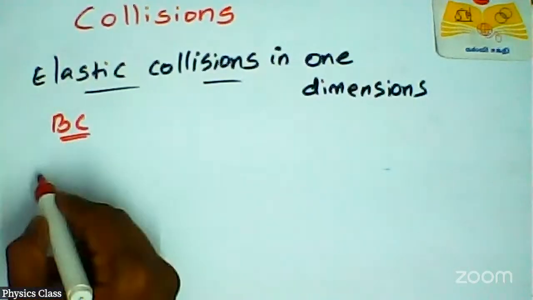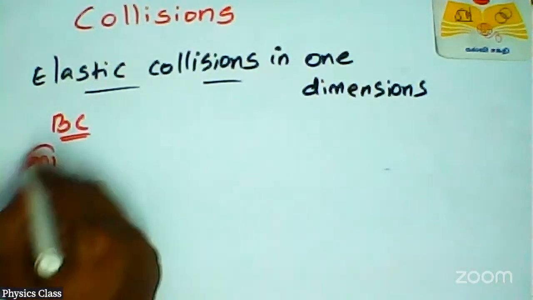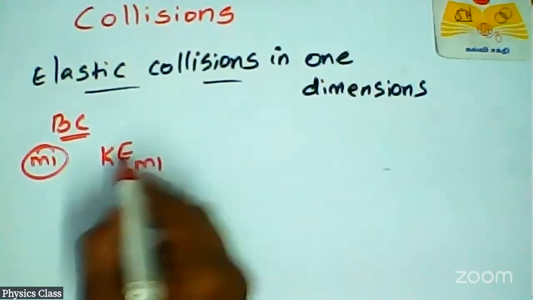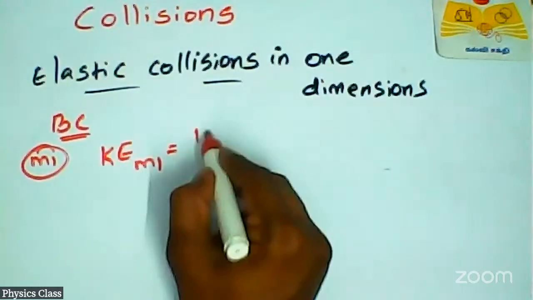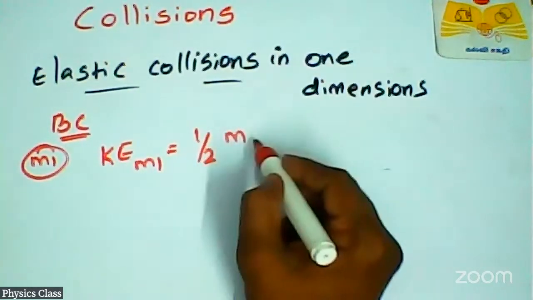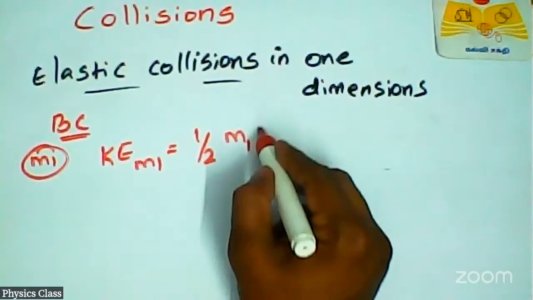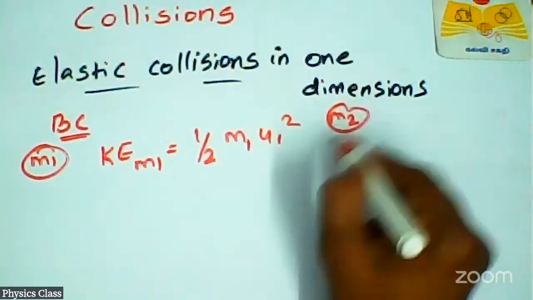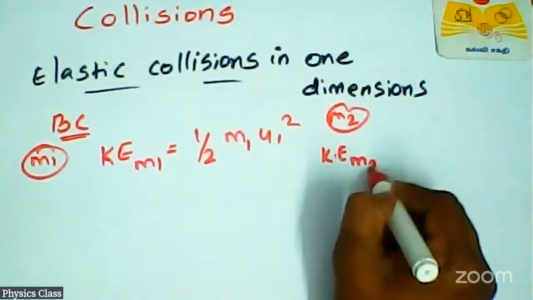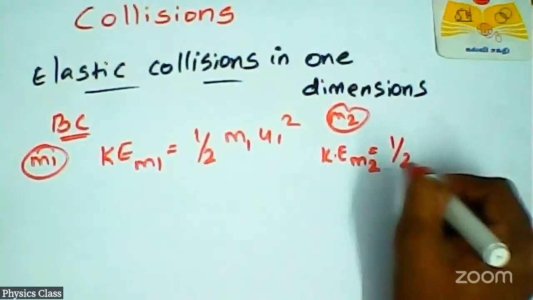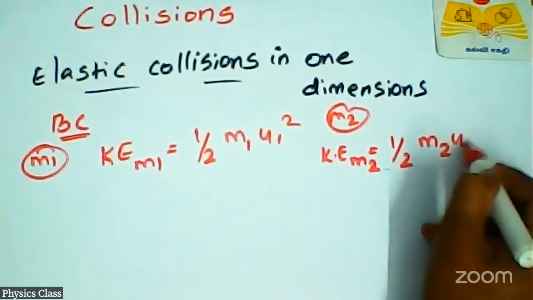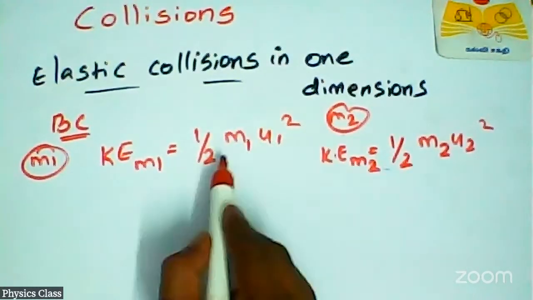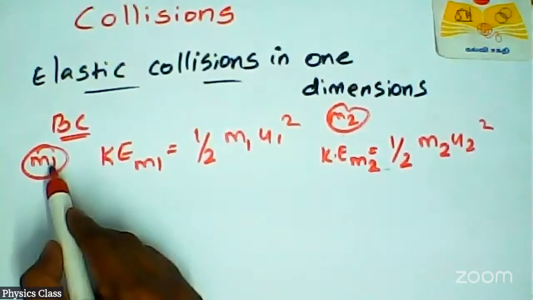Before collision, the kinetic energy of mass m1 is half m1 u1 squared. For the m2 object, the kinetic energy is half m2 u2 squared. This is the kinetic energy before collision for each object.